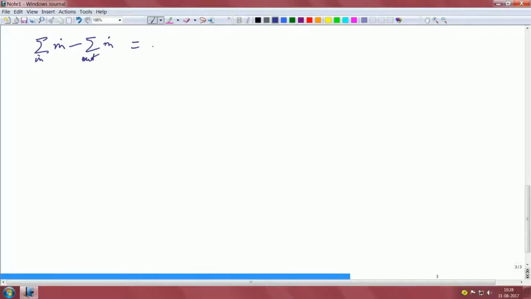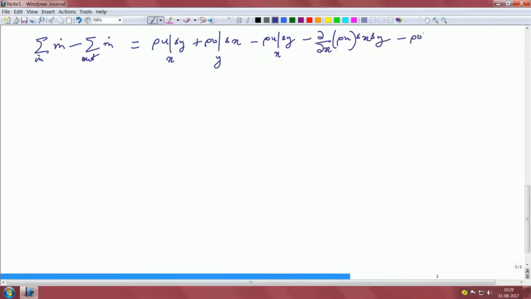Let us assemble all the terms together: rho v at y delta x, minus rho u at x into delta y, minus d by dx of rho u delta x delta y, minus rho v at y delta x, minus the d by dy term of rho v into delta y into delta x, got it.